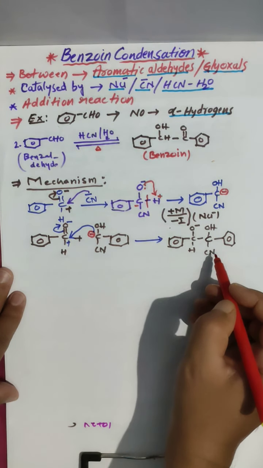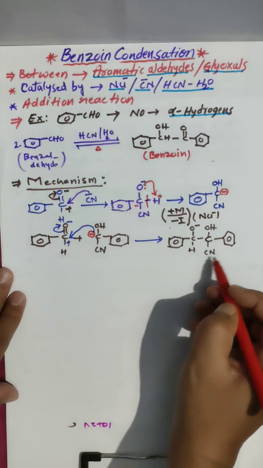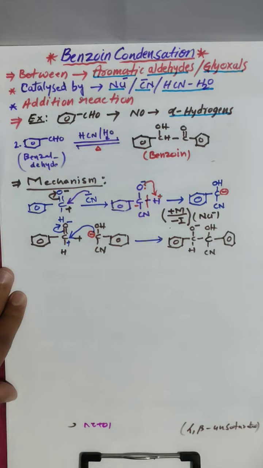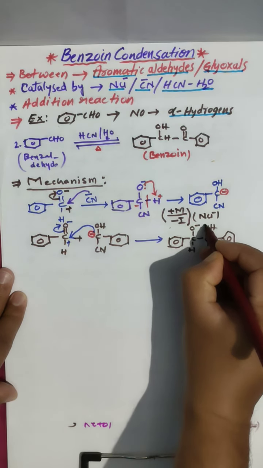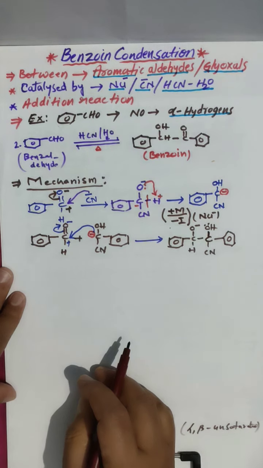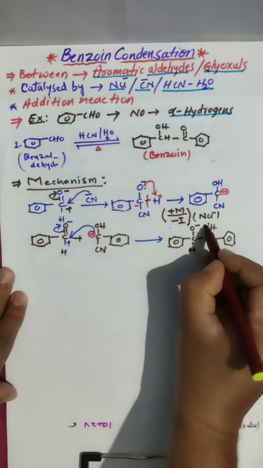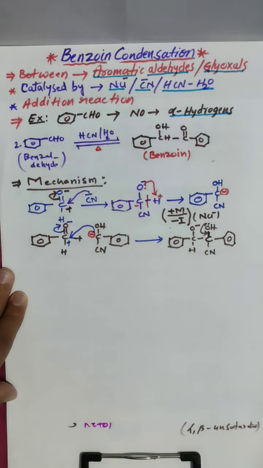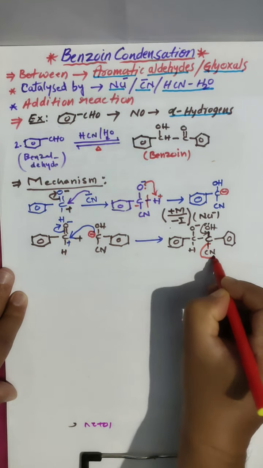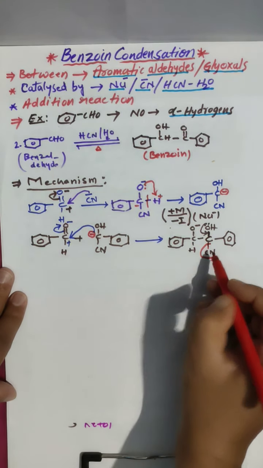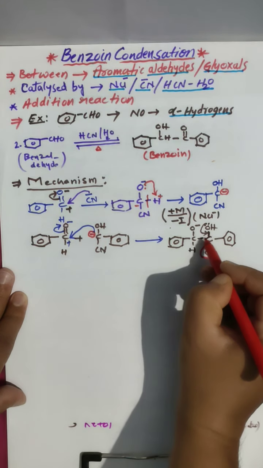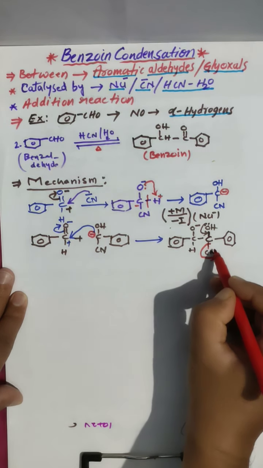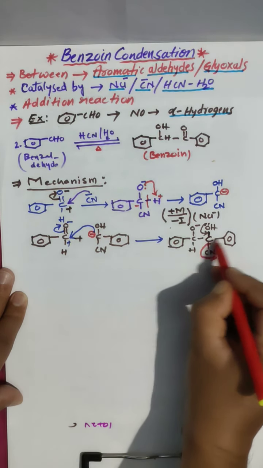Clear? Now you know very well, cyanide is a better leaving group. So here again changes will take place. Oxygen has a lone pair. This lone pair will donate to this oxygen-carbon bond, and immediately this cyanide leaves. Means cyanide is a better leaving group. When it leaves, immediately oxygen will donate one lone pair to this carbon-oxygen bond. Why? Because when cyanide is breaking here, this valency is less.